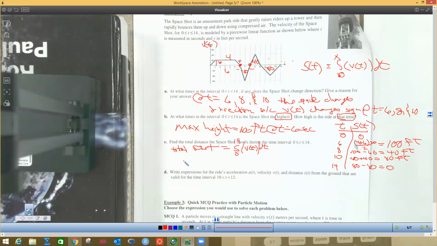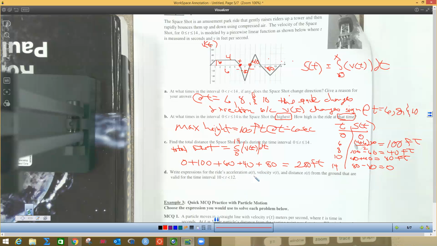So we started at 0, we add 100, then we got to add the negative 60, but it's an absolute value of that, so it's plus 60. And then we had to add 40 more to that, so that's still positive 40. And then we had minus 80, but that's the absolute value of negative 80, which is 80. And if we add all of those together, we should get 280 feet. That would be the total distance we travel.